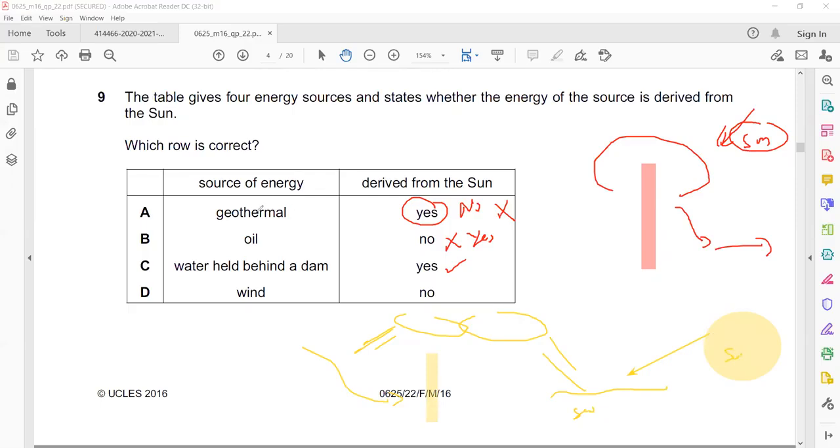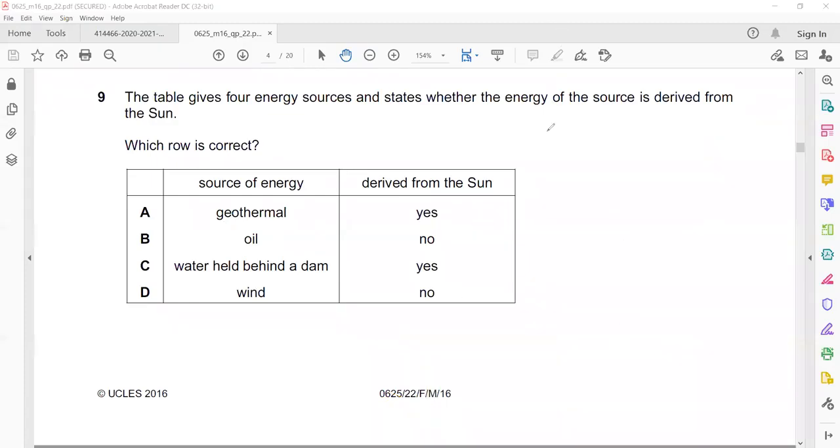Geothermal energy means energy which is from the earth core. The term geo means earth and thermal means heat. So heat energy from the earth core is called geothermal energy. Wind energy: the sun is providing heat energy to both land and sea, and that is responsible for the movement of the air current.